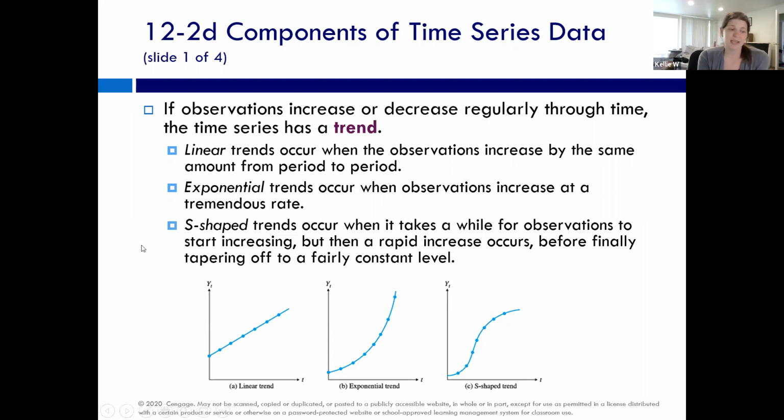Exponential trends occur when they increase at an exponential rate from period to period. And then S-shaped trends can occur where it takes a while for things to start increasing, then it rapidly increases, then it tapers off to a fairly constant level. That's this graph here.